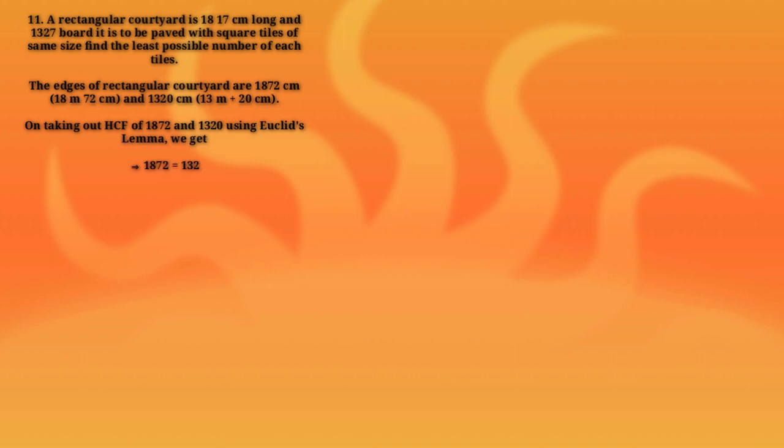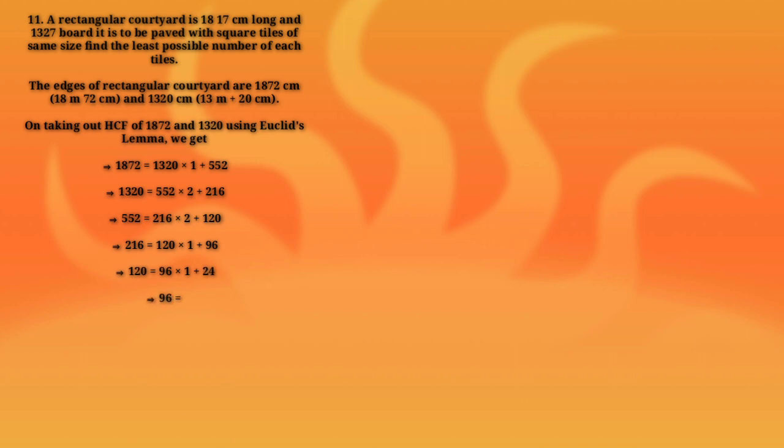On taking out HCF of 1872 and 1320 using Euclid division lemma. So students, we know the Euclid division lemma, A is equal to BQ plus R. So A is always greater than B. So A will be 1872 and B will be 1320. We will divide 1872 by 1320. It goes one time.